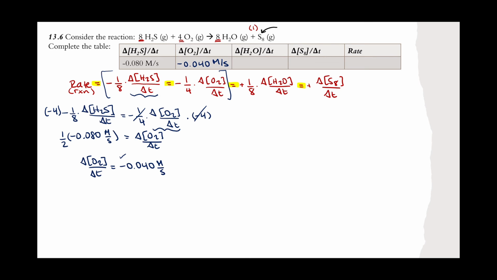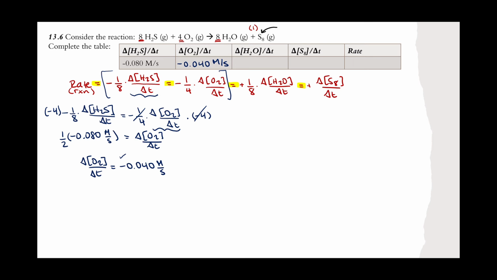If we look at magnitude, the 0.080 versus the 0.040, it is a higher magnitude. So that is expected. This does look correct, and it is correct.